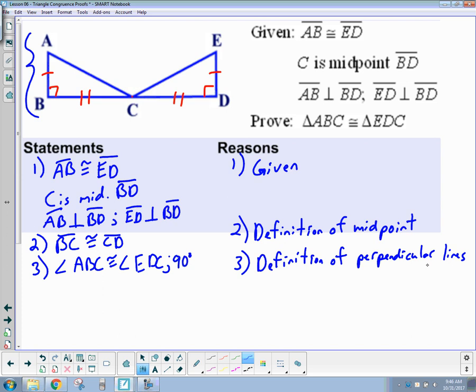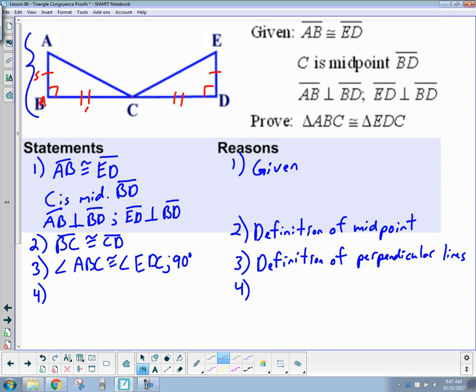Alright, 4. Now, if you look, I think we have enough information to say that these triangles are congruent. Listen to me very carefully. We're going to go side, angle, side.